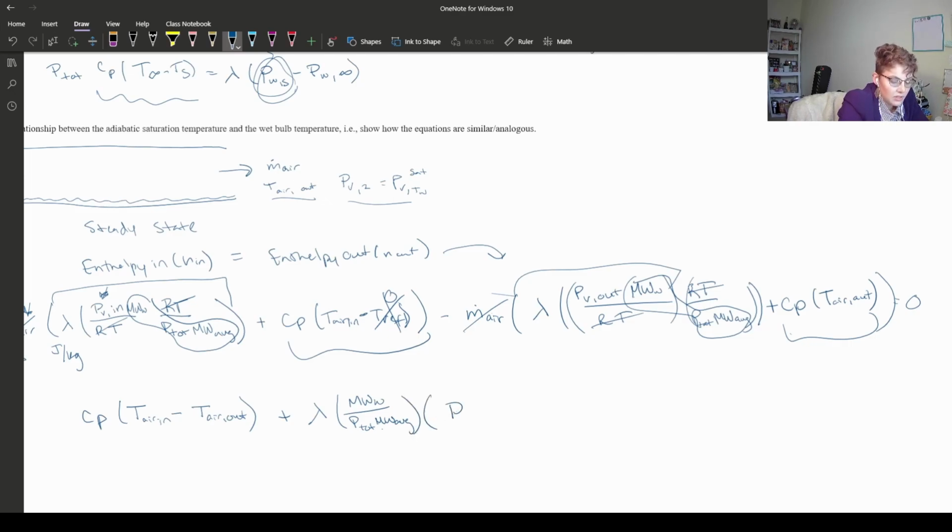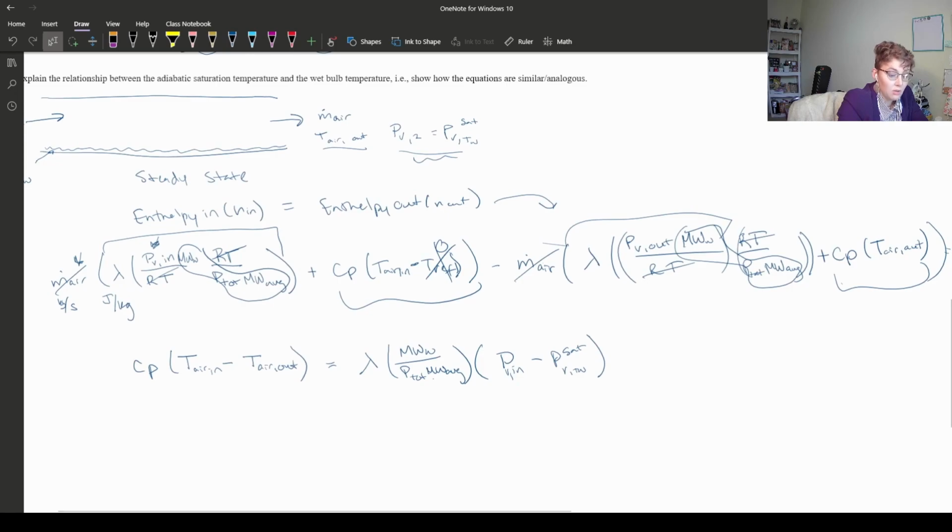And then that gives us the difference in the partial pressure going in. And as we discussed up here, the partial pressure of water vapor in the system at the saturation, that is equal to 0, but that means that we can also just set them equal to each other.